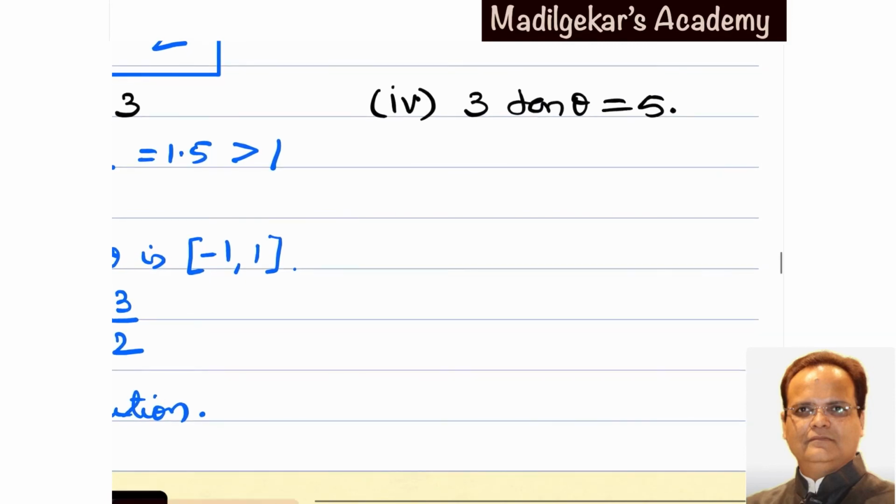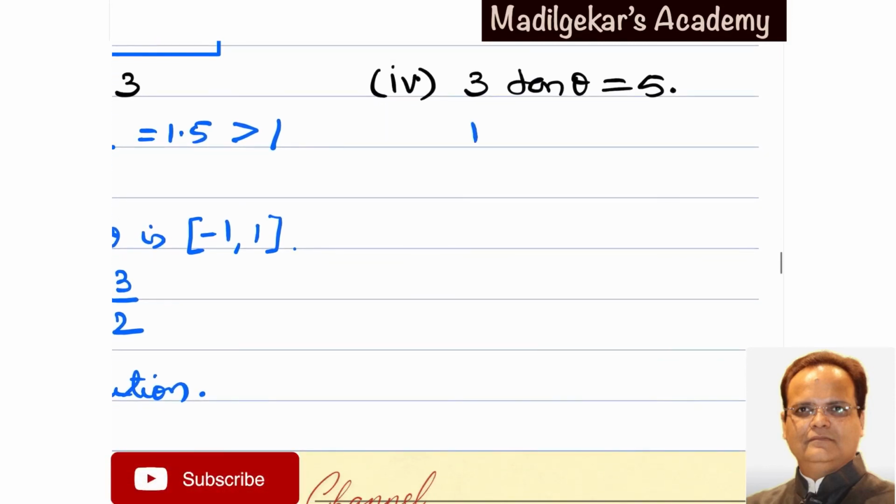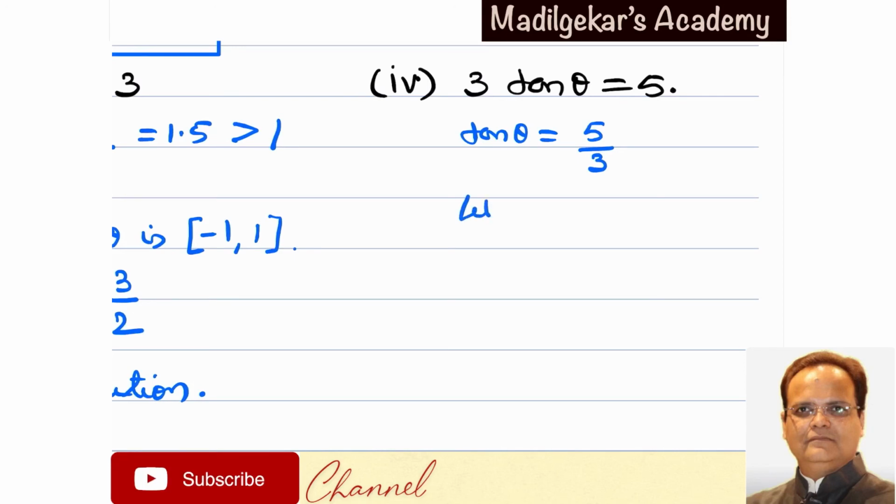Last bit. Here you can write tan theta as 5 by 3. There will be some angle for which tan theta or tan alpha, we may say, is 5 by 3. So let us say tan alpha is 5 by 3, where alpha is tan inverse 5 by 3.